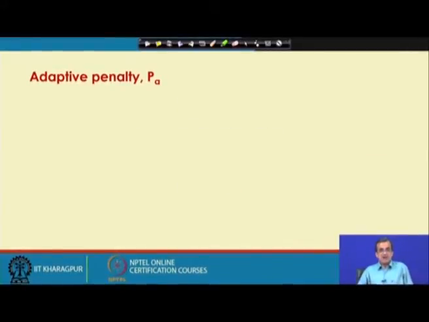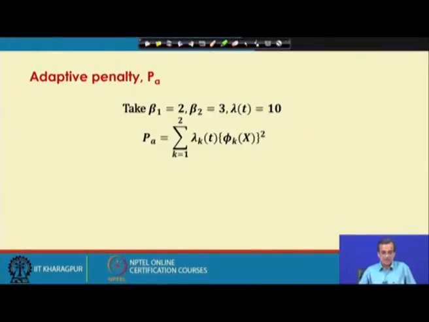Now, let us see how to calculate the adaptive penalty for the same constrained optimization problem. We take beta 1 equals 2, beta 2 equals 3, and let me consider that lambda t is equal to 10.